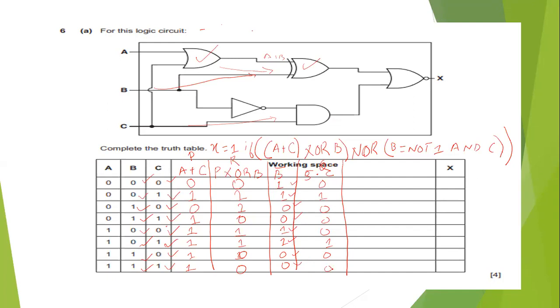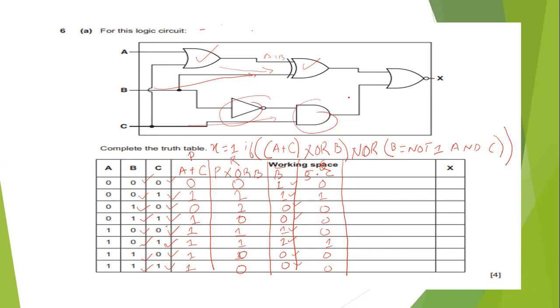So here you can see 0, 1, 0, 0, 0, 1, 0, 0. So this is the output of B naught C. This gate and these two gates have been solved by the Q column.